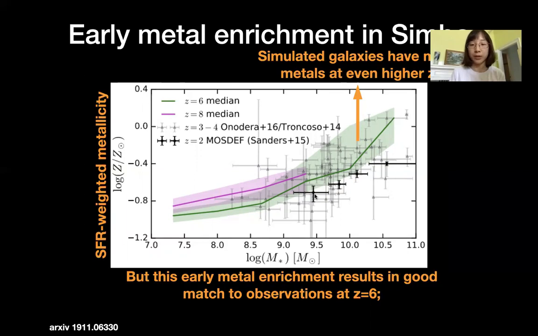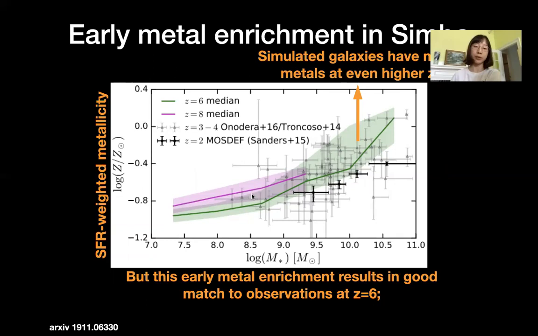And so you can see that in the simulations, the simulated galaxies actually have more metals at redshift 8 than at redshift 6. And the simulations actually show more metals at redshift 6 and 8 than the observations at redshift 2. And so this really means that the SIMBA simulations show a very early metal enrichment history of the reionization epoch galaxies, which might seem surprising and maybe a little bit unreasonable because we usually expect that the galaxies at higher redshifts should have lower metallicities.